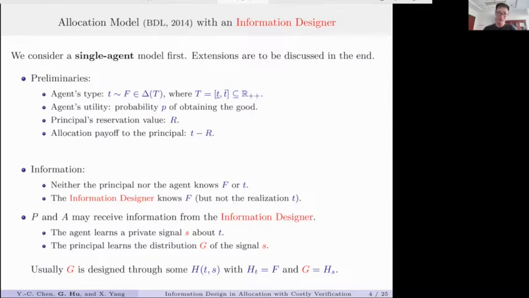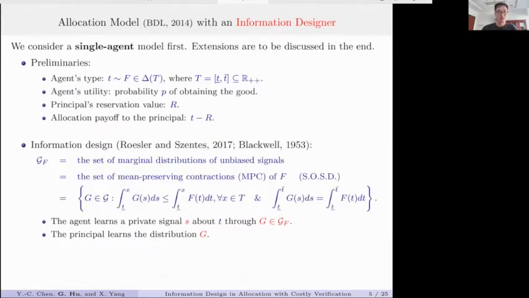So we can have a joint distribution in mind at this stage. And then we can use some results from the literature to make the information design problem concrete.